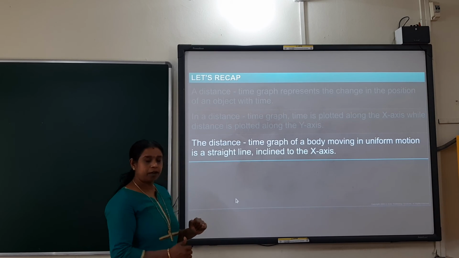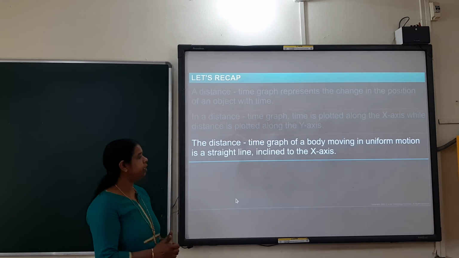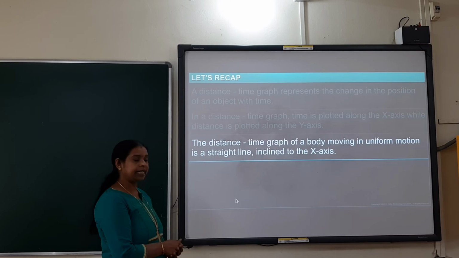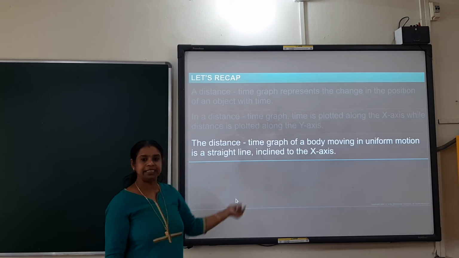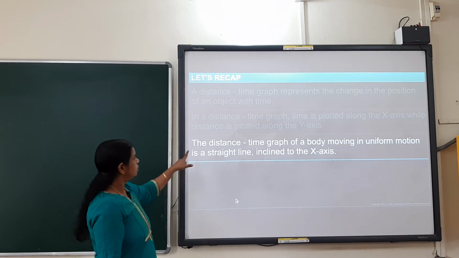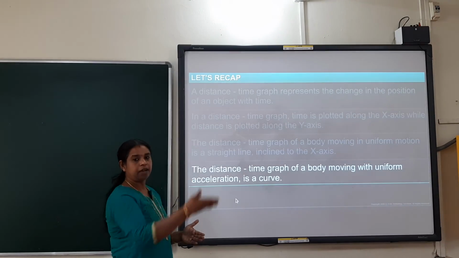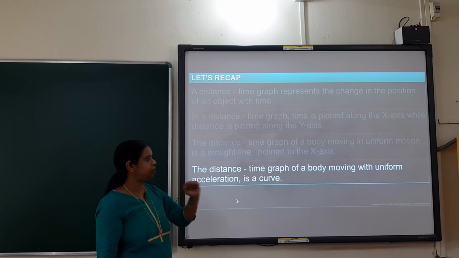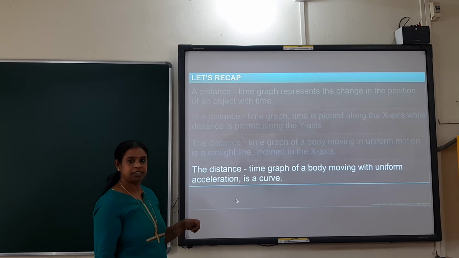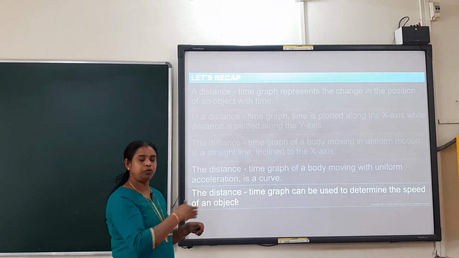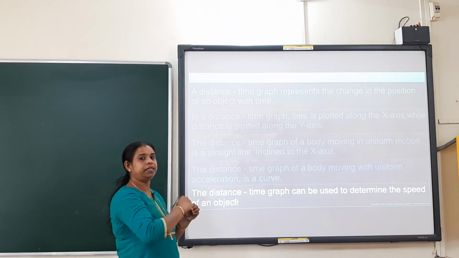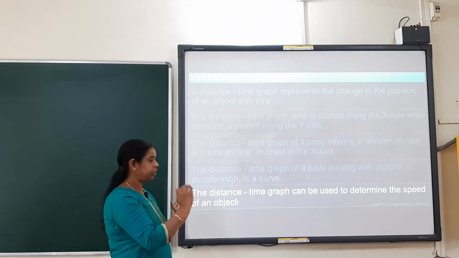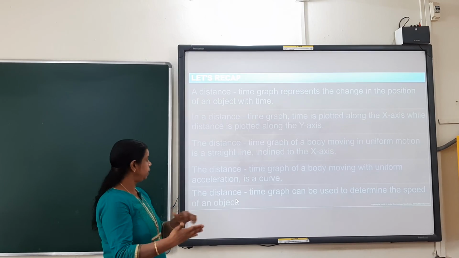The distance time graph of a body moving in uniform motion is a straight line inclined to the x-axis. And the distance time graph of a body moving with a uniform acceleration is a curve. Uniform acceleration means its speed keeps changing, so in a particular interval of time the speed will be different.